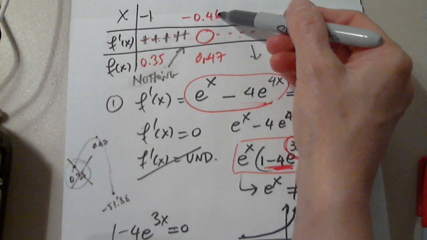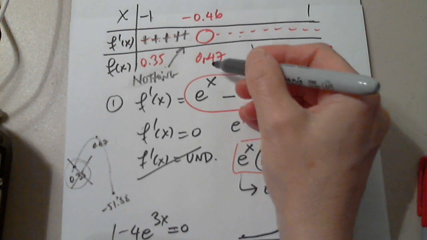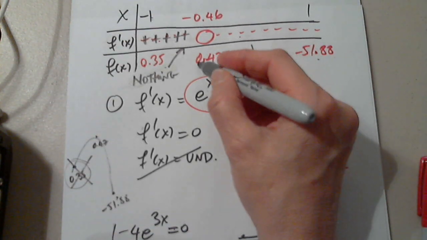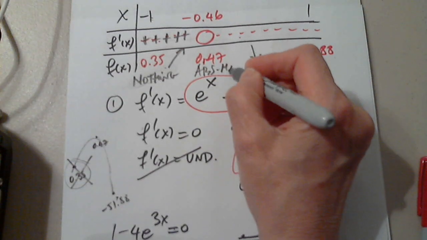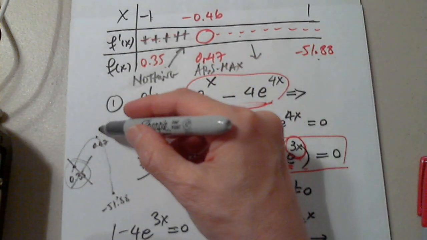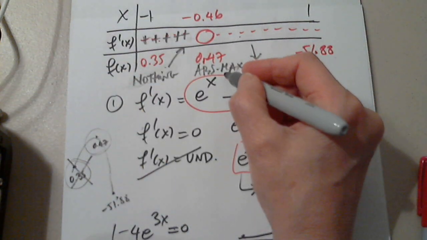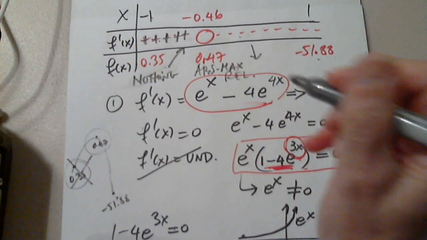What about negative 0.46, 0.47? Absolute max. Yes. Is it a relative max? Yes, it's also relative max.